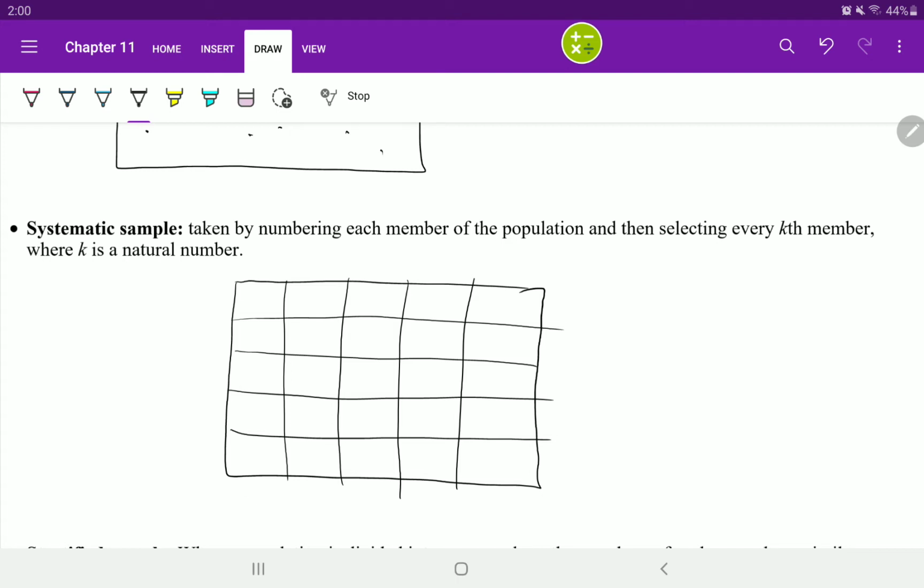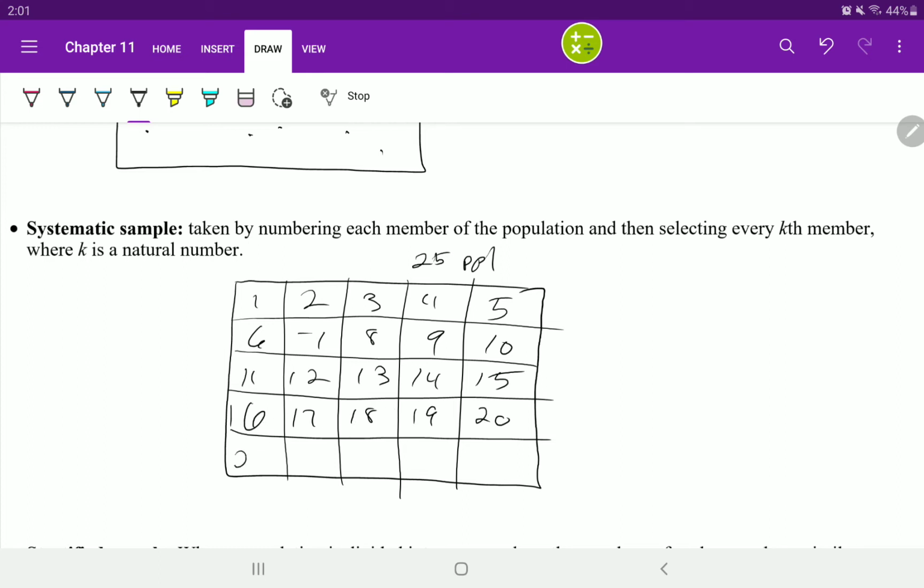We're going to number each member of the population. Let's say there are 25 people here: 1, 2, 3, and so on up to 25. So we numbered each member of the population.